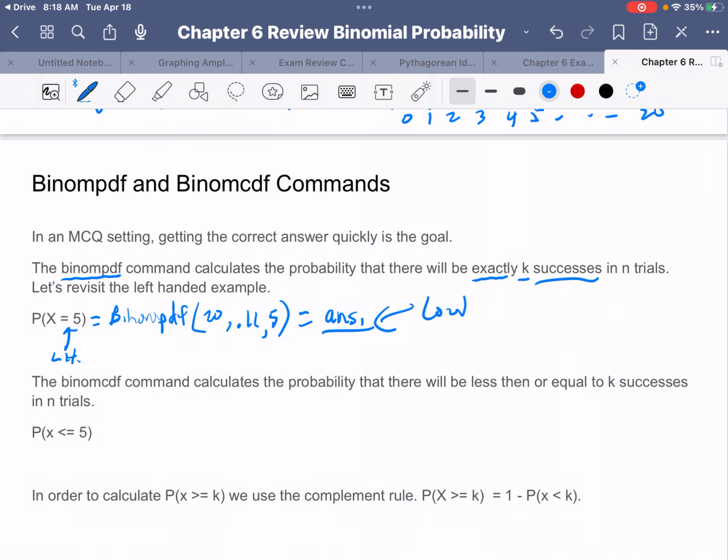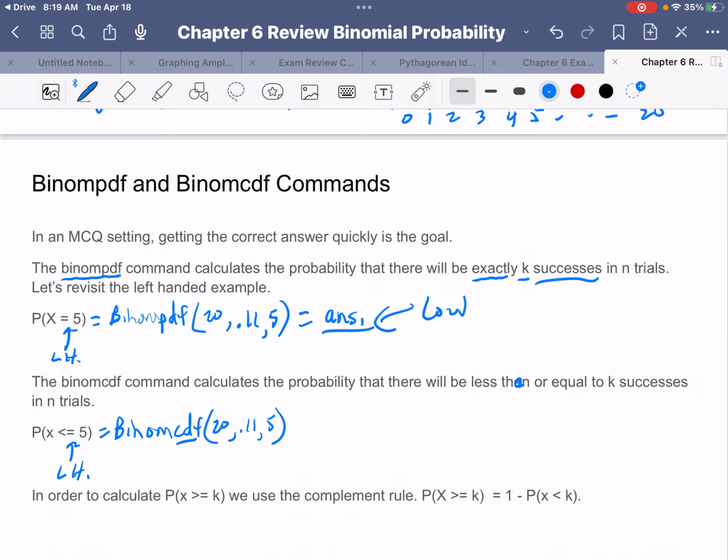The binomCDF command calculates the probability that there will be less than or equal to k successes in n trials. So what is the probability of getting less than or equal to 5 left-handers? Well, that's binomCDF(20, 0.11, 5).